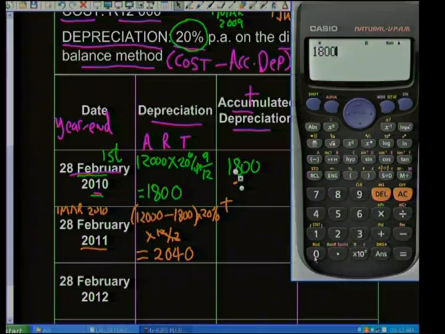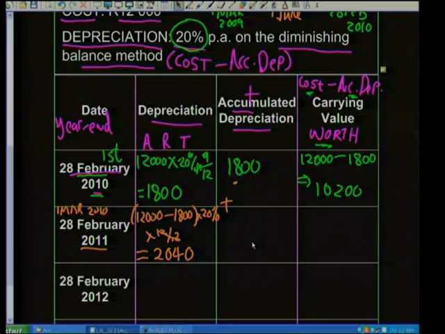We're now adding on depreciation for this financial year, which is 2,040, and that gives us 3,840. So my new accumulated depreciation is an amount of 3,840. Okay, so accumulated depreciation is obviously the addition of depreciation over a period of time.